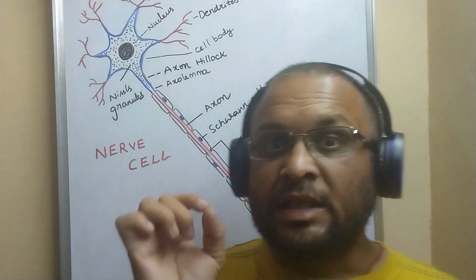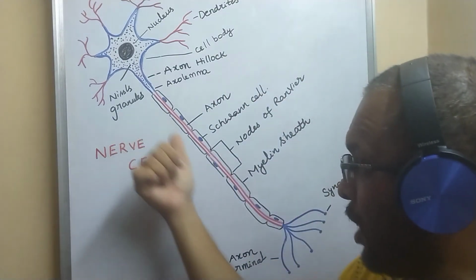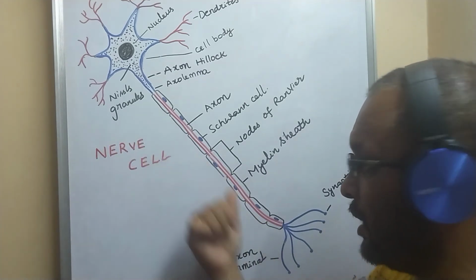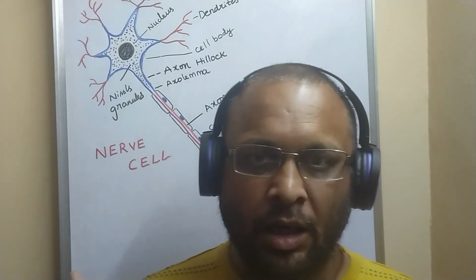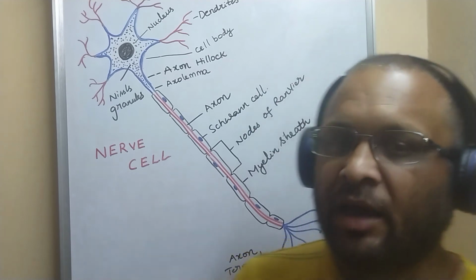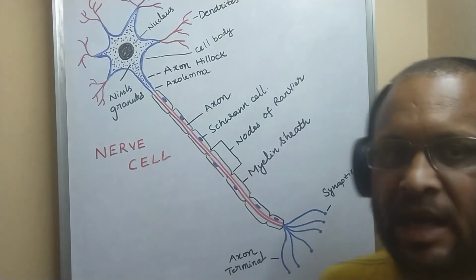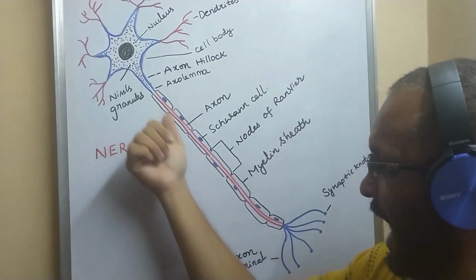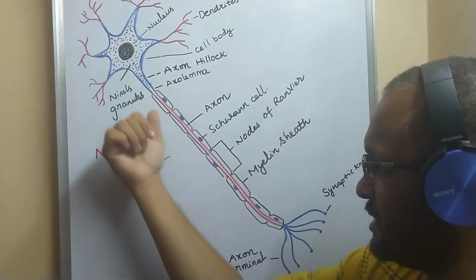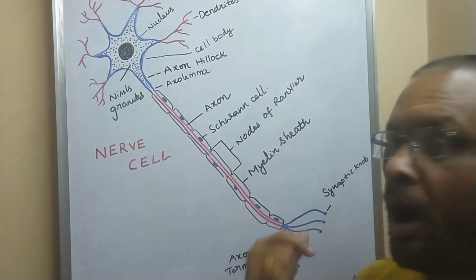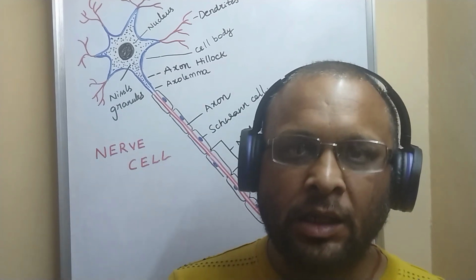In the central nervous system, these axons are called tracts, but in the peripheral nervous system, they are called nerves.